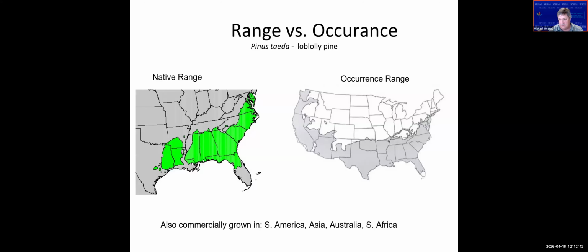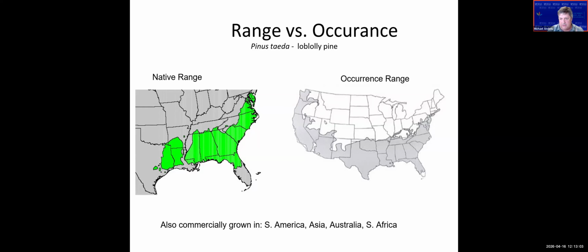This map shows where loblolly pine might potentially be grown in the United States. You can see it extends all the way up to Washington State, much further north on the East Coast, and much further south in Florida.